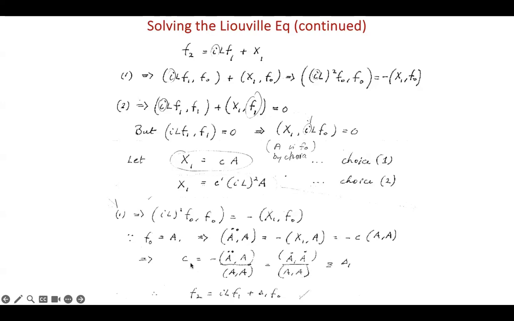So that means C must be equal to A double dot inner product over AA inner, which we can call capital delta 1. So then C must have this structure, and if C has this structure, then F2 is IL F1 plus delta 1 F0. Here we have arrived at one recurrence relation that would work.